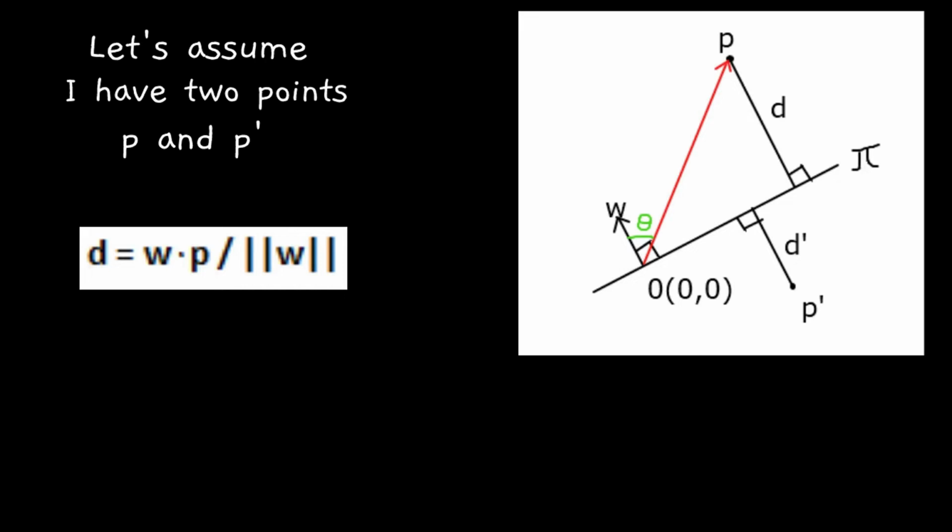Since W and P are on the same side of the plane. Remember, a plane separates the whole region into two parts. One part is above the plane and one part is below the plane. This region is called a half space. A line in 2D separates the plane into two half spaces. Similarly, a plane separates the 3D coordinate system into two half spaces.